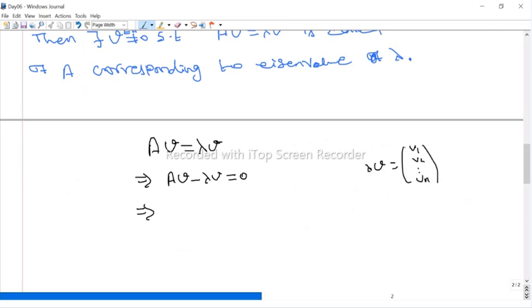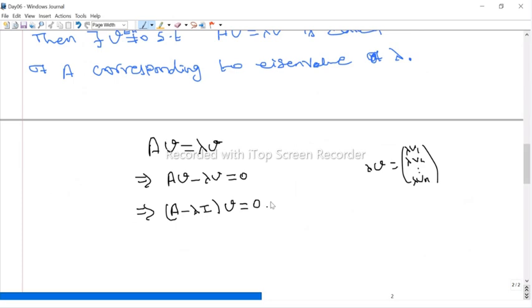Lambda V means you multiply lambda to each coordinate. Now we can rewrite this as A minus lambda I times V, taking V outside.